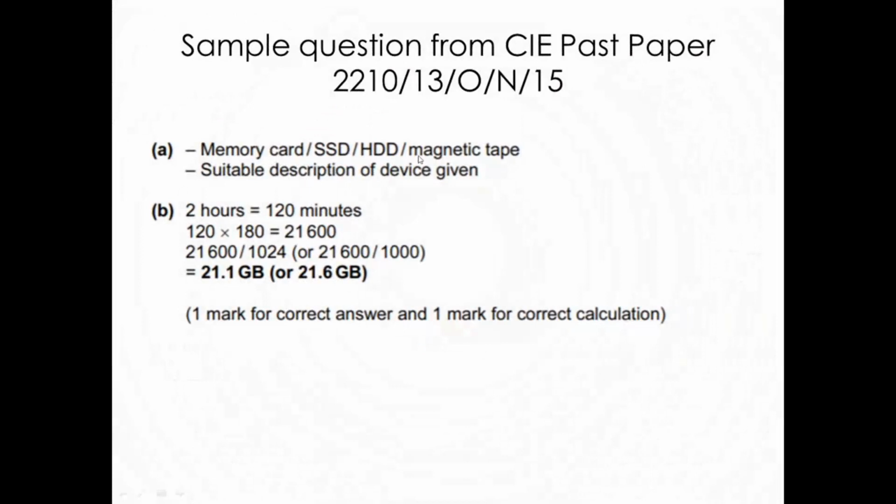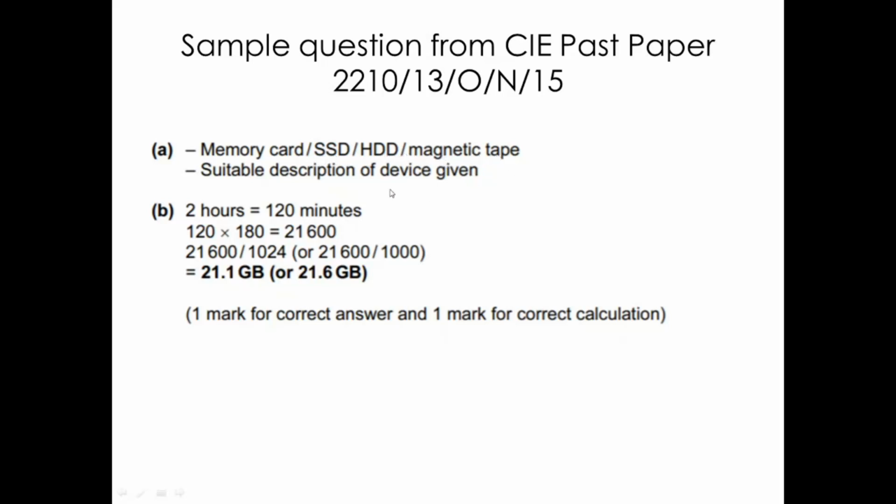So the devices that can be used for storage in a video recording security system can be memory card, SSD. Okay, we will learn it in the storage devices unit. It's also a storage device, SSD, and we have HDD, hard disk drive, and we will learn what we mean by each storage device.